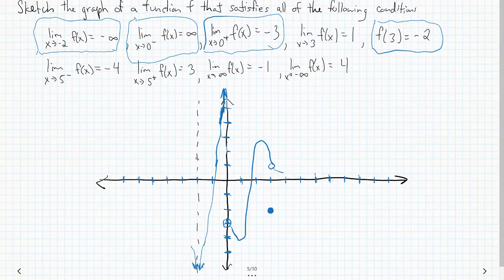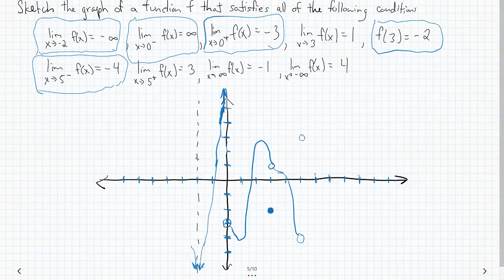Okay, so now as we approach 5 from the left, we have to be at negative 4. So let's go down below, and here's 5, and then there's negative 4. I'll put a circle here, and we'll go on that side, so that gets 5 from the left, whereas 5 from the right is positive 3, so we'll go 1, 2, and 3.